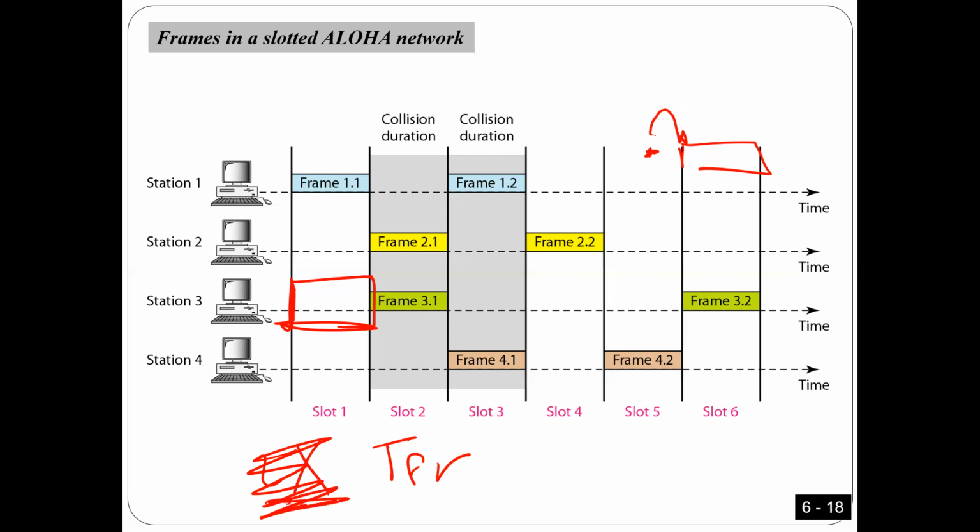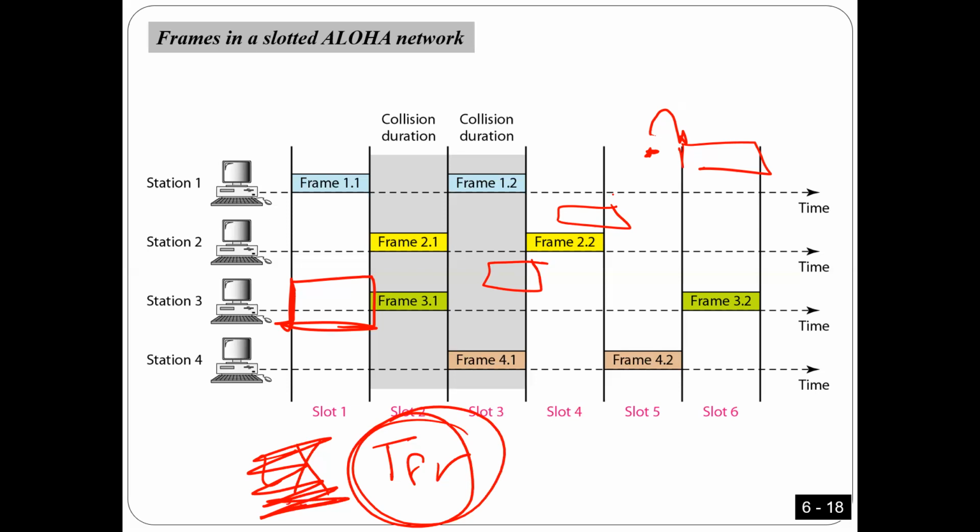But why did we reduce the vulnerability period by half? Because there is no partial overlap as we had before. Either we transmit at the same time fully, or not.